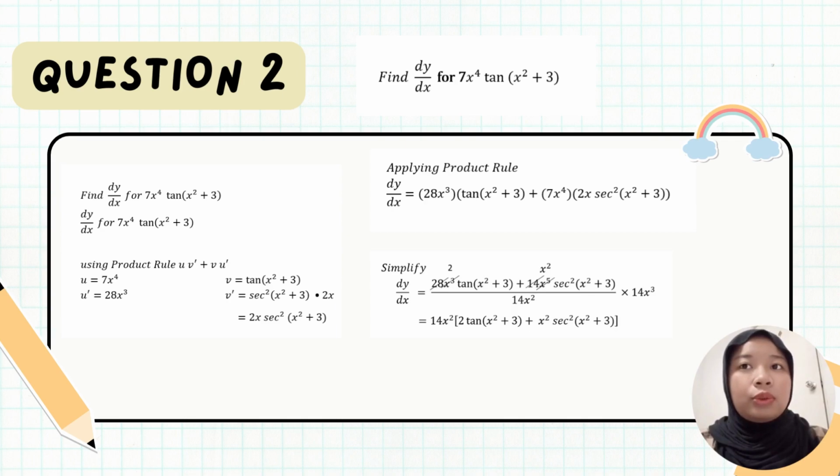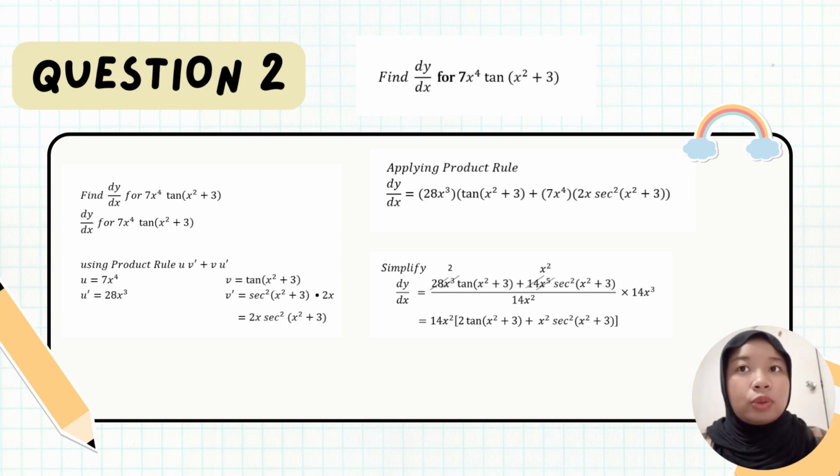So next we need to differentiate. We have u prime equals 28x cubed and v prime equals sec squared(x squared plus 3) multiplied by 2x, using the chain rule.